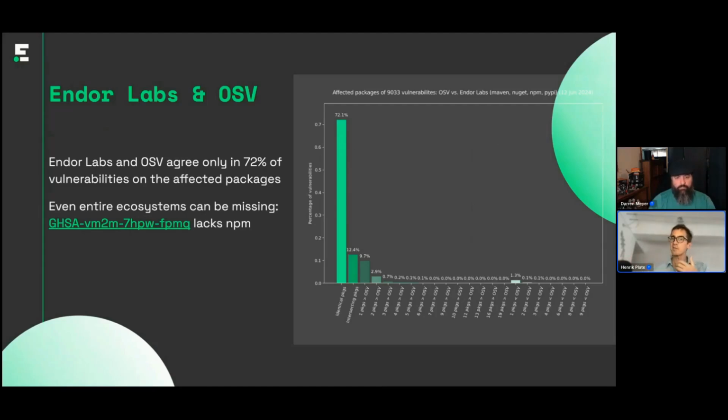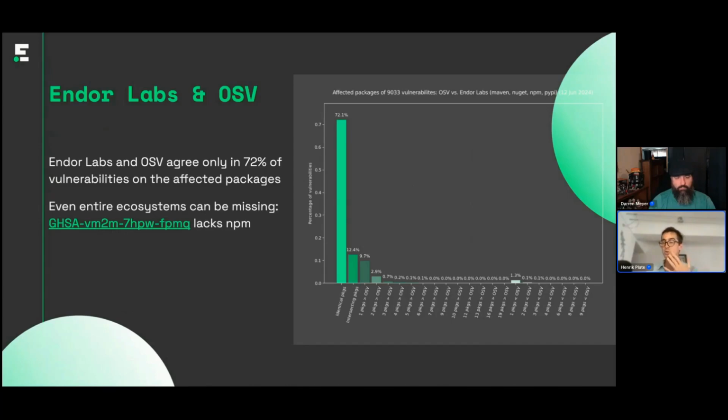And we found that in 72%, only in 72% of the vulnerabilities, we agree on the affected packages. So both Endor and OSV report identical names, let's say identifiers, of affected packages. In other cases, Endor would report more, OSV would report more, and sometimes there's a certain intersection.